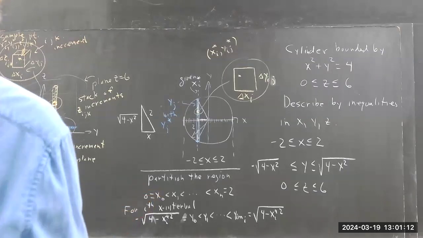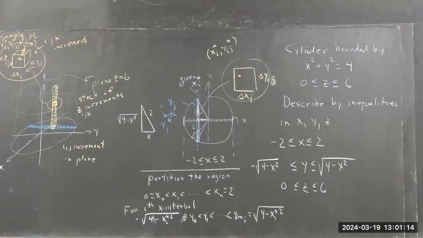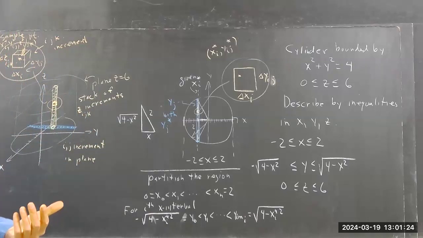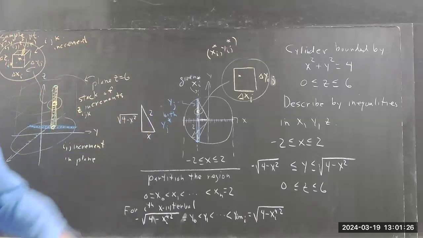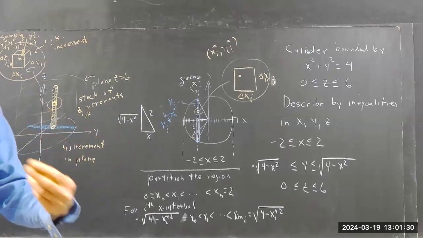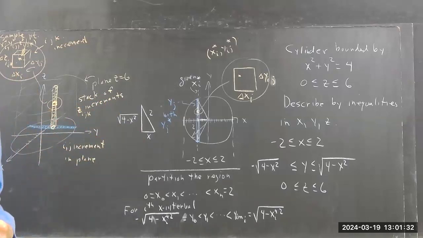I'm going to write out a Riemann sum. Okay, does that make sense? You can break it down like that, and now you have a complete description of the entire region. And you can just mathematically shrink these increments down as close as you want to points and get an expression for whatever you want.